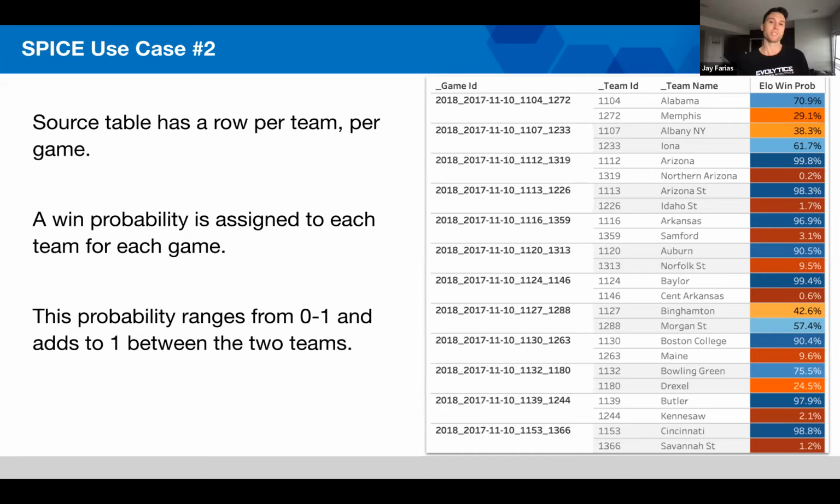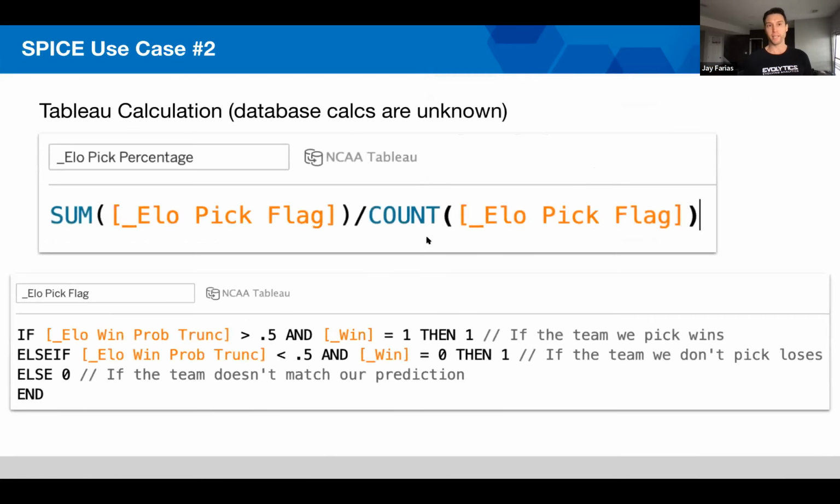And so to get our percentage on how well we can pick, we need to do a calculation that totals all of our correct picks divided by all of the teams. And so I have a pick flag that I've created, basically a flag, just 1 or 0.